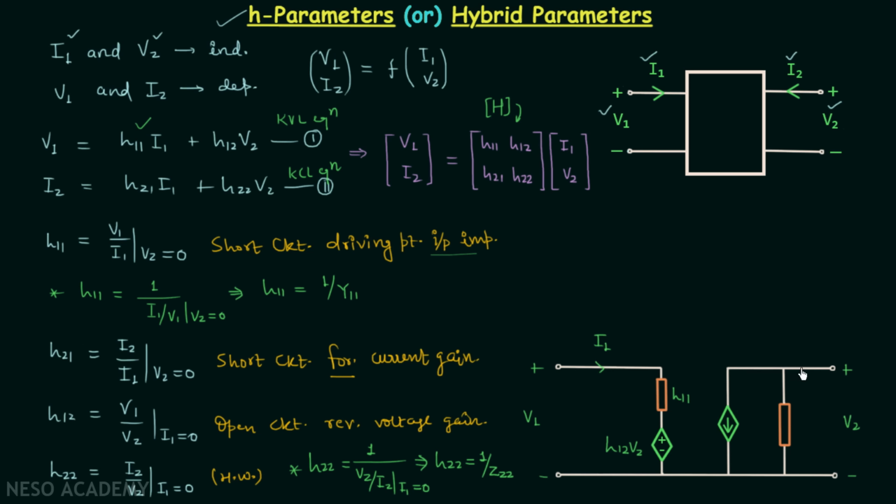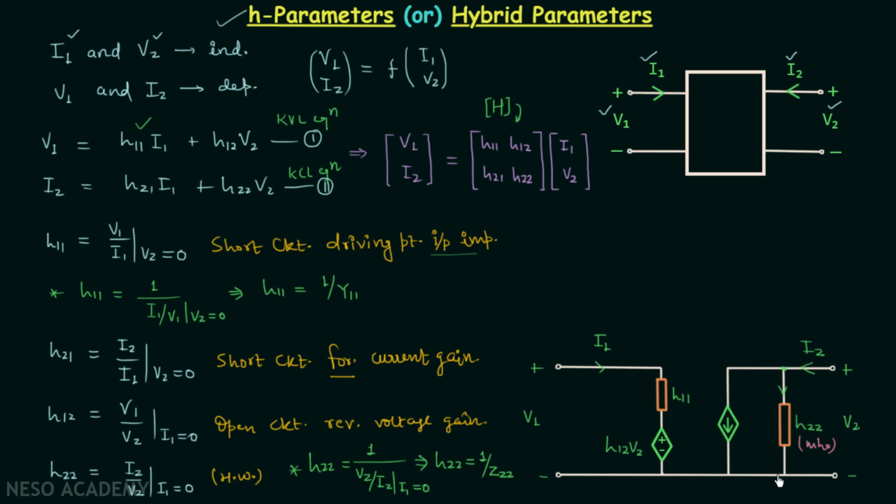So I2 is the current entering the node, and current H22 V2 is the leaving current. Across this particular black box, voltage is V2, and when voltage is multiplied to H22, we are getting the current. This means this black box is the admittance, and therefore its unit will be mho.